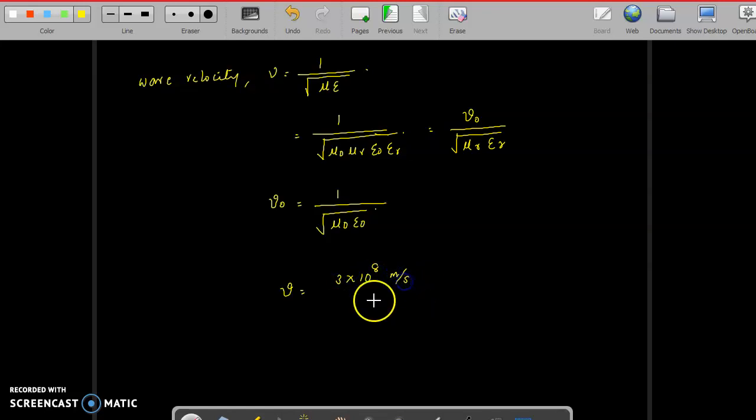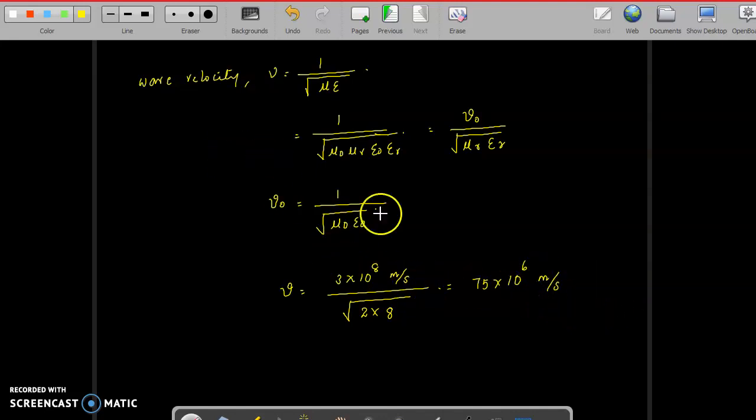So the velocity of this wave is the light velocity, 3 times 10 power 8, upon square root of mu r and epsilon r, so 2 times 8. If you use the calculator, you can find the wave velocity, which comes close to 75 times 10 power 6 meter per second.